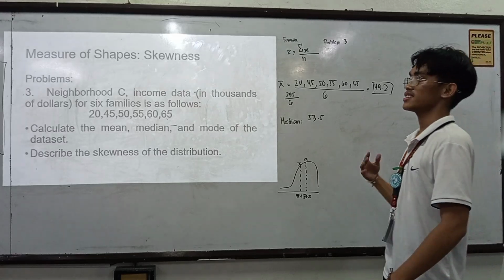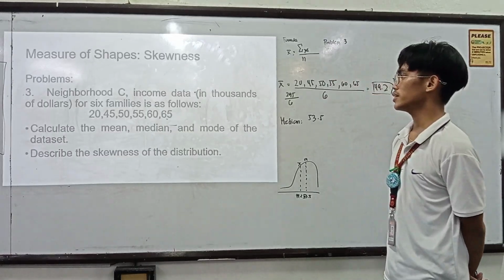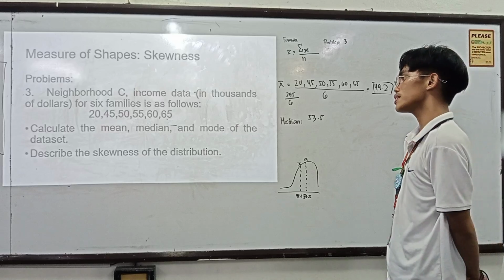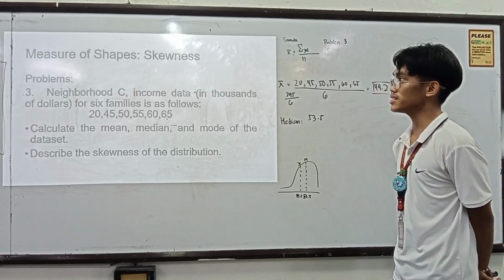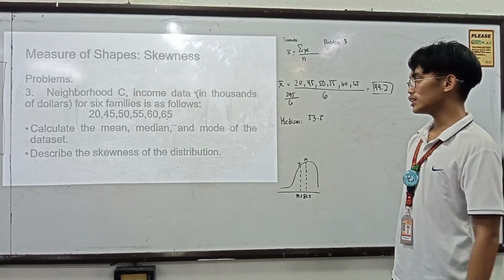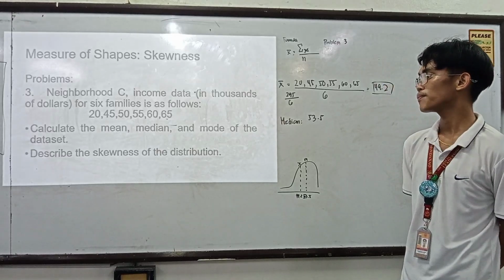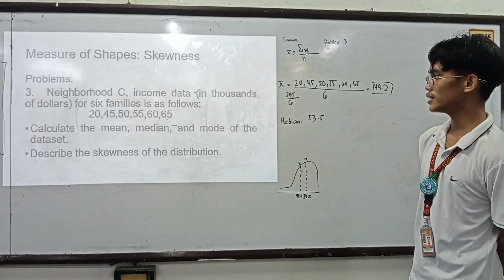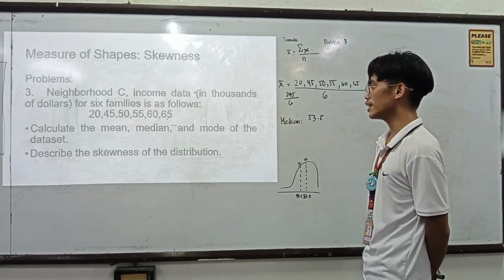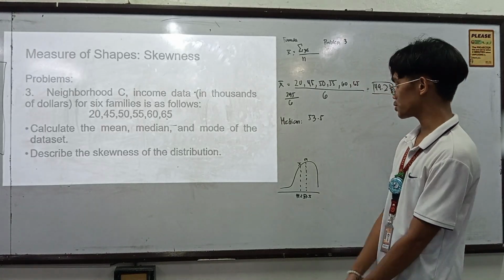Now let's proceed to the last graph. Neighborhood C income data in thousands of pesos for 6 families is as follows: 20, 45, 50, 55, 60, and 65. Calculate the mean, median, and mode of the dataset and describe the skewness of the distribution.